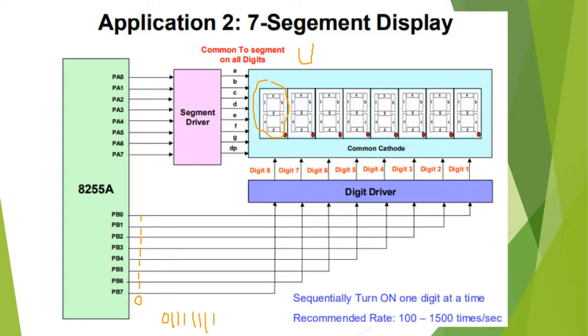That means this 0 will come here, and then it will be 1 1. It will be like that. Then we make another rotation. How many times will we do it? 8 times to complete the whole process, and then we do it again and again. Is it okay? Do you understand this one? Is that clear?